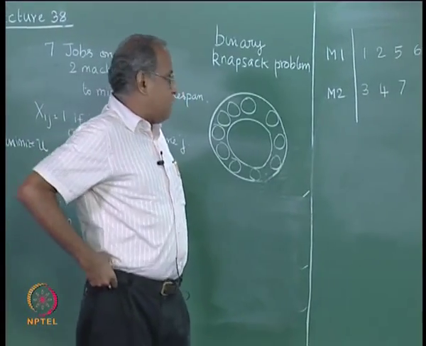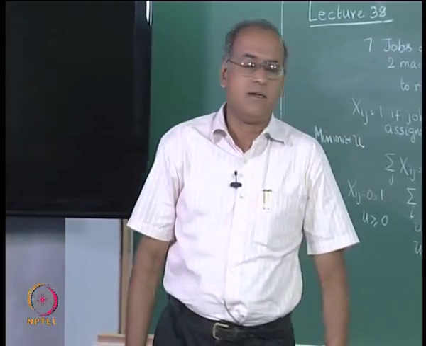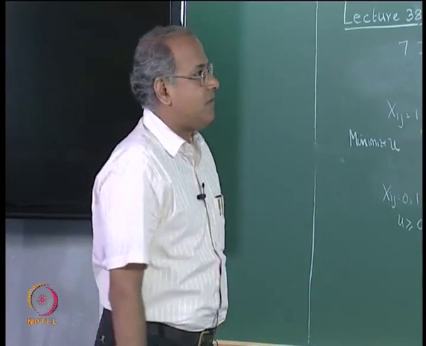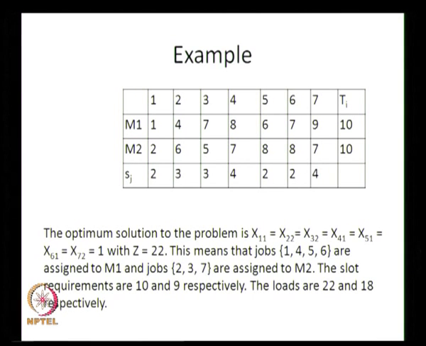So, we have to remove one of these 3 or 4 or 7, such that we are within the 10 tool slots. If we look at 3, shifting it from M2 to M1 is going to increase the time by 2 units. If you take 4, it is going to increase by 1 unit, and if you take 7, it is going to increase by 2 units.